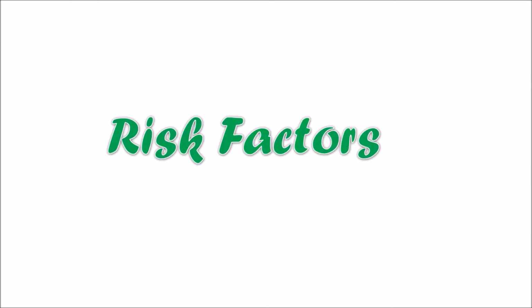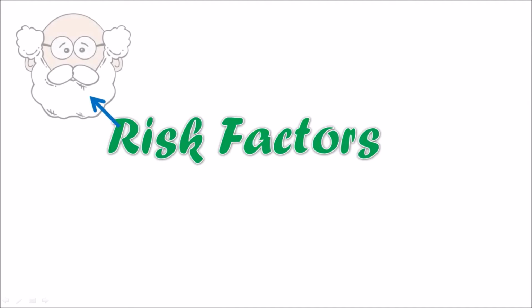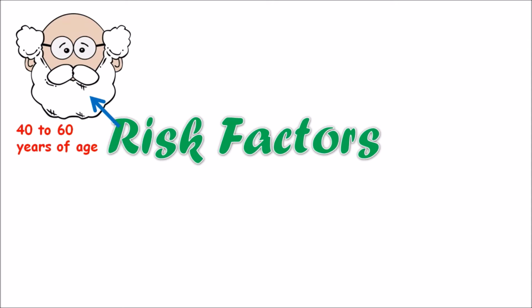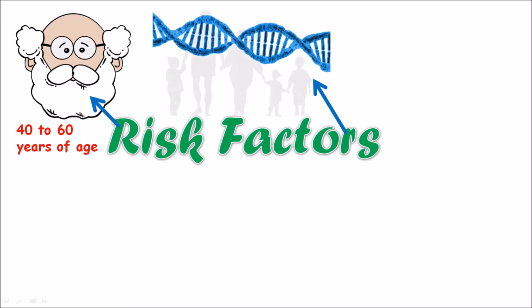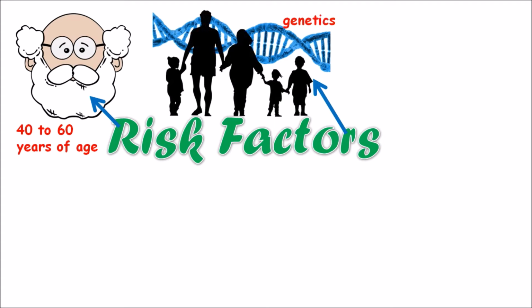Now, we will discuss the risk factors of atherosclerosis. Firstly, it mostly affects the age group of 40 to 60 years, and mostly it affects males more than females. The next risk factor is genetics.